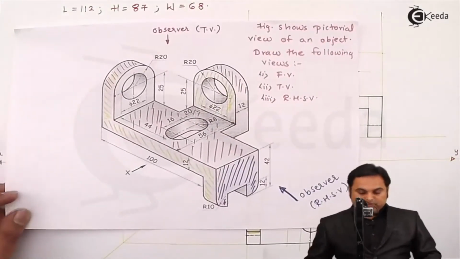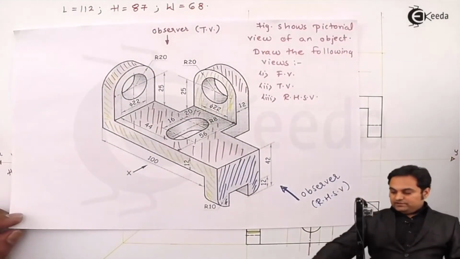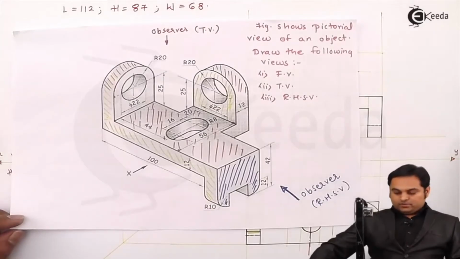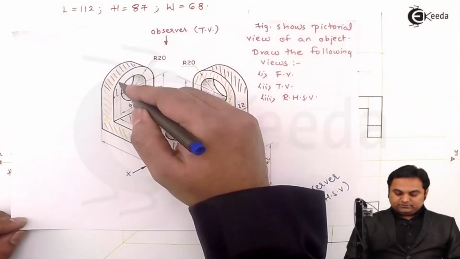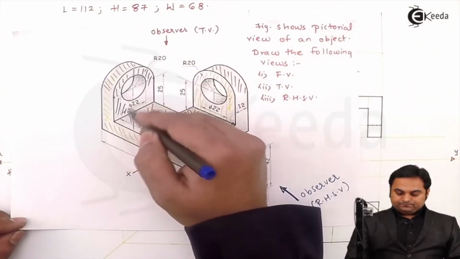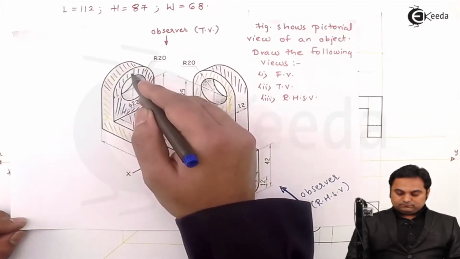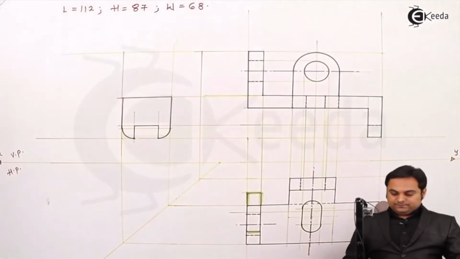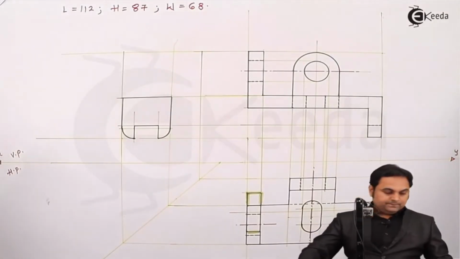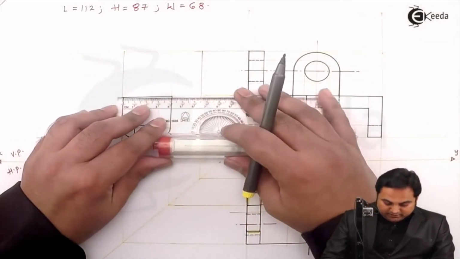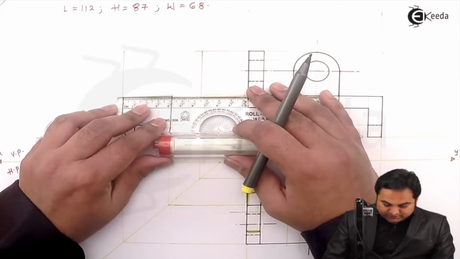After that, looking from front, even this surface, which is the semicircular part here, will also be seen. For that, I'll take half of this distance, that is the width here.